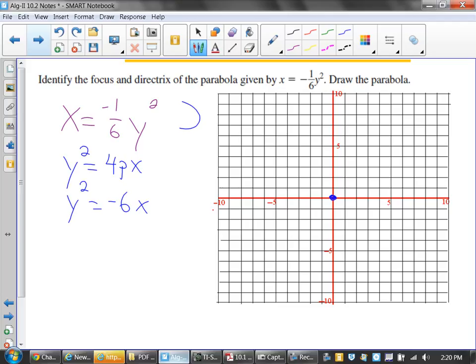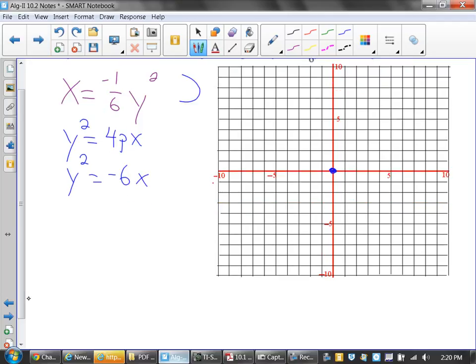Now, I can identify and isolate what the value of p is going to be. Notice, these two equations are similar. 4px, negative 6x. That means that the negative 6 is playing the role of 4p. So you set them equal to each other.